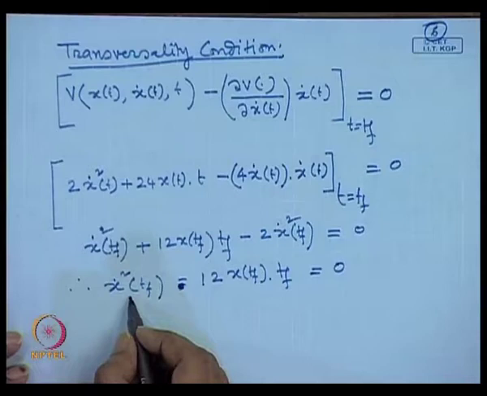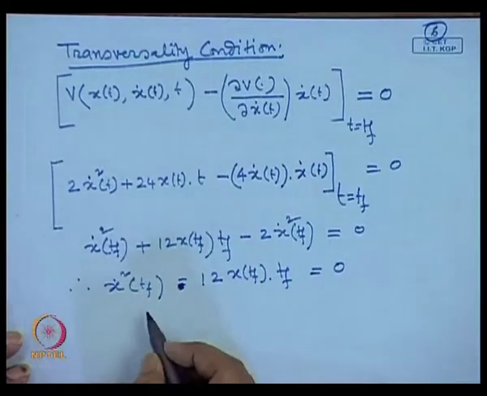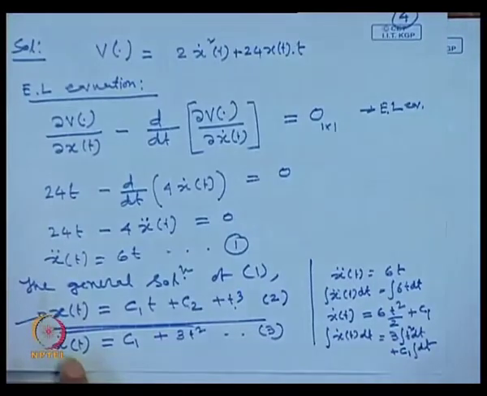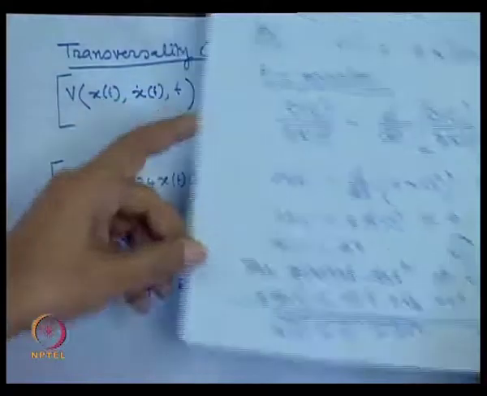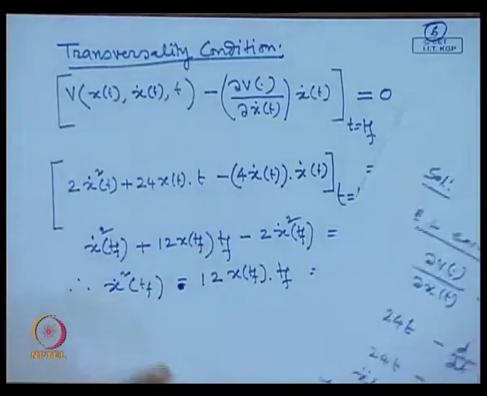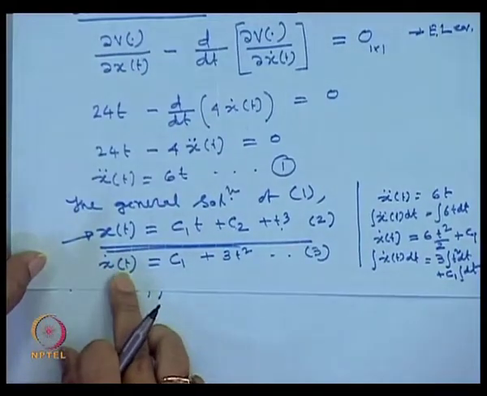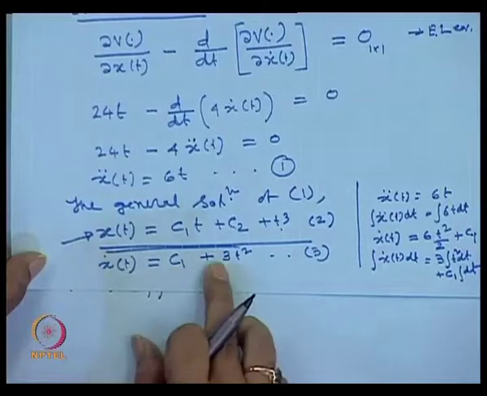So, now I know the solution of x dot. You see, solution of x dot, I know that C 1, x dot t is C 1 plus 3 t square.